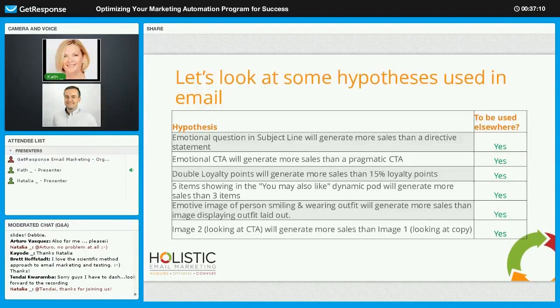An emotive image of a person smiling and wearing an outfit will generate more sales than the image displaying the outfit just laid out. Yes. We can be using that again throughout the website, throughout social media and everywhere. Image 2, looking at the call to action, will generate more sales than image 1, which is just looking directly at the copy. Yes, because that then is giving us an idea of where we should be positioning our images so that they're supporting the call to action rather than directing their attention to the copy.